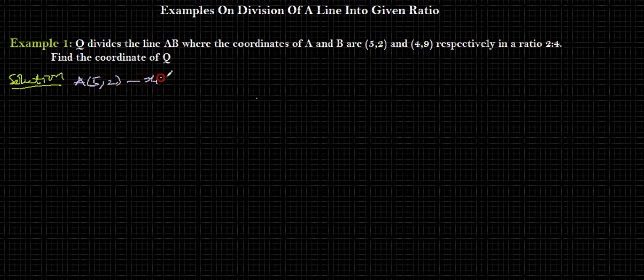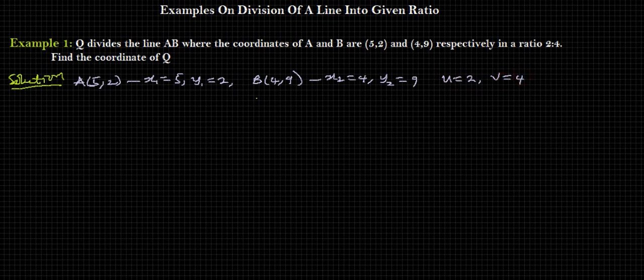That means x1 is equal to 5 and y1 is equal to 2. We also have B, which is at (4, y). It means x2 is equal to 4 and y2 is equal to 9, and we have the ratio u to be equal to 2 and v to be equal to 4 respectively.